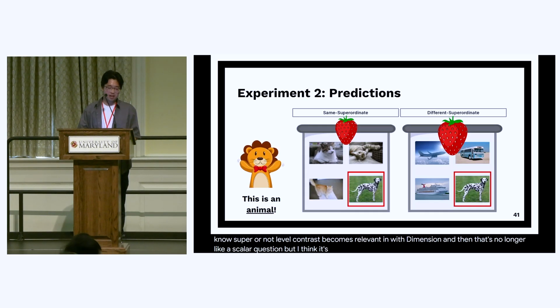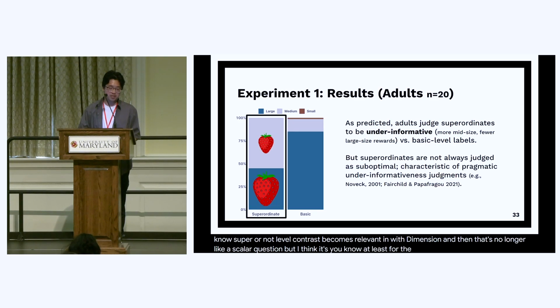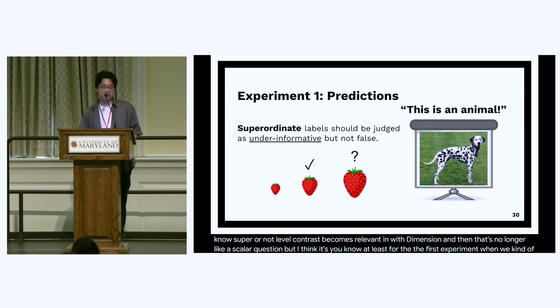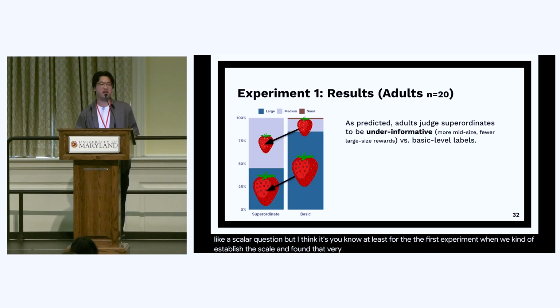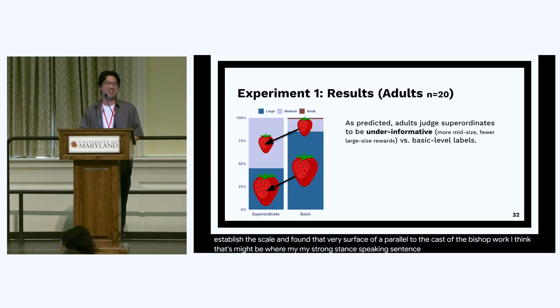But at least for the first experiment, when we established the scales and found that very surface level parallel to the Katzis and Bishop work, I think that might be where my strong stance begins and ends. So yeah, I'll go back to think more about that though.